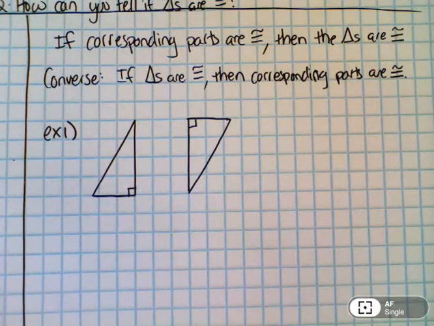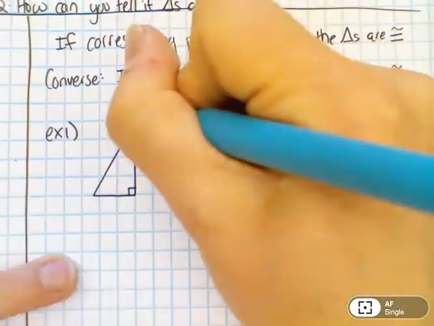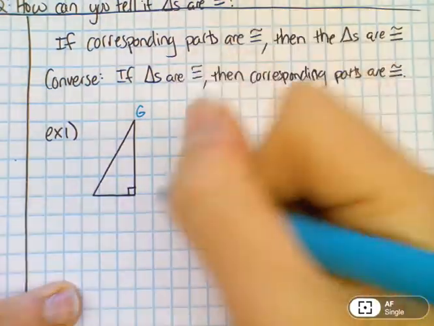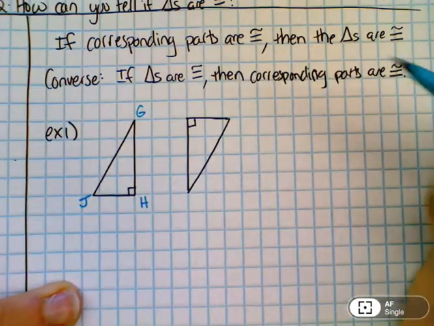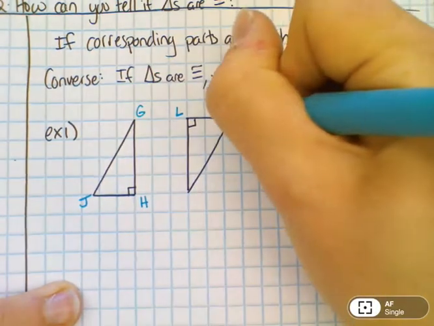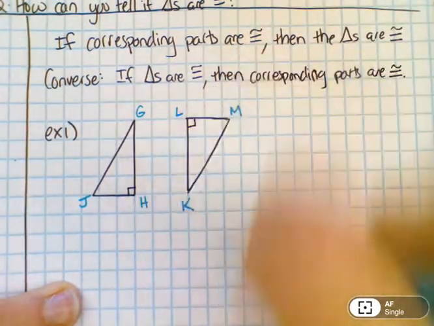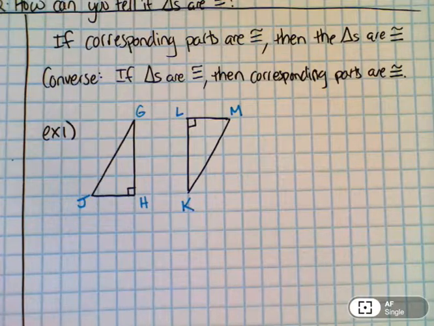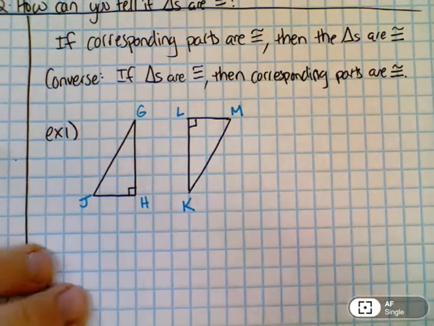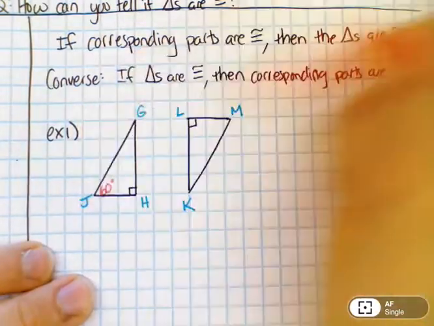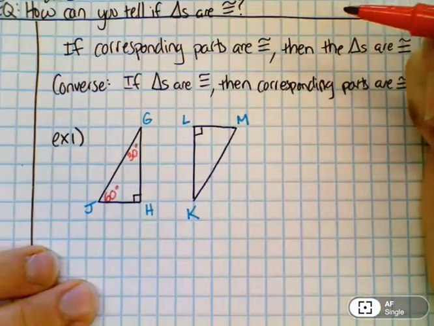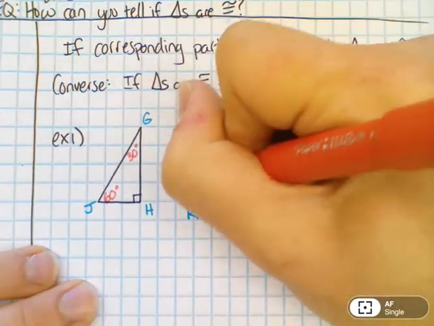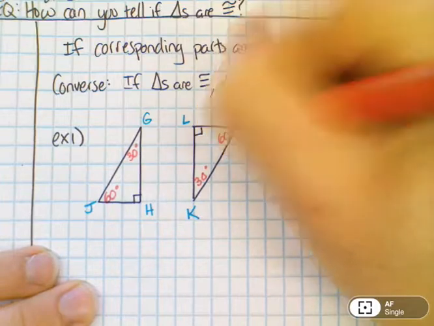And we're going to label the parts here. So I'm going to go G, H, J. Those are my three vertices of the first triangle. And then I have L, M, K. Those are the vertices of my second triangle. And then I also want to go through and label some of the other angles. So this is 60 degrees, 30 degrees, 30 degrees, 60 degrees.